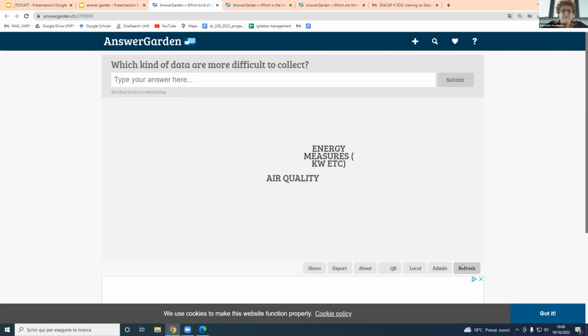Because for us, it was very, very difficult to merge the different data and to check, to investigate and to collect, because the data are related to different offices, to different managers. So sometimes the geometrical data are in charge of the technical office. Instead, the energy consumption is under the administrative office.